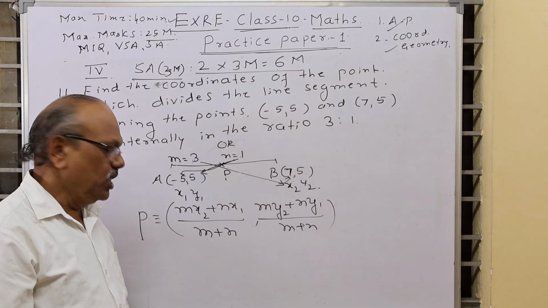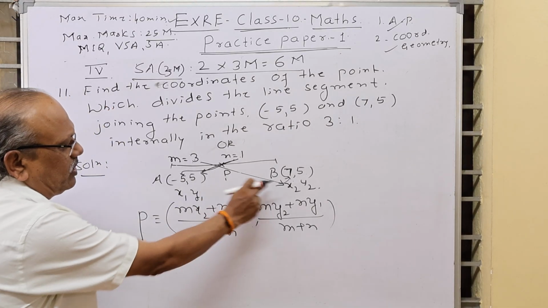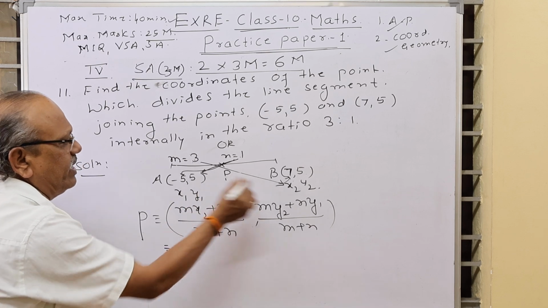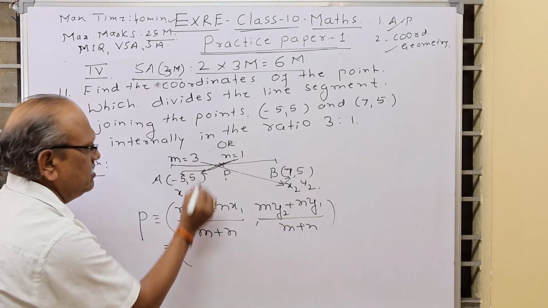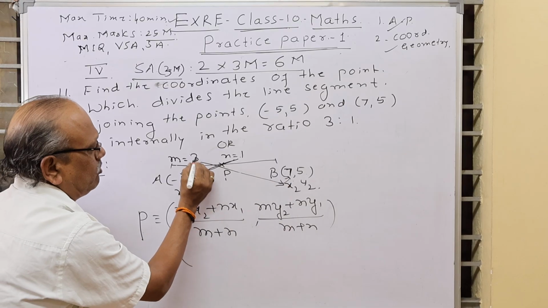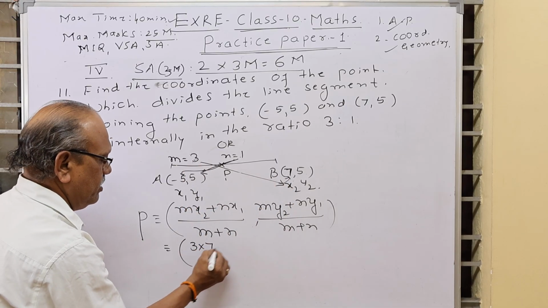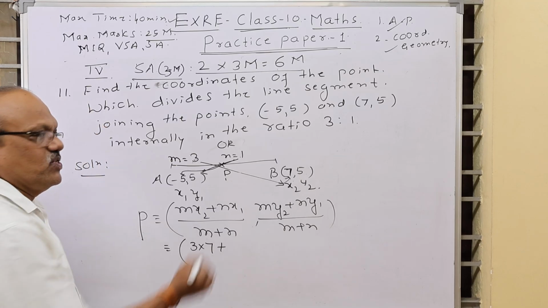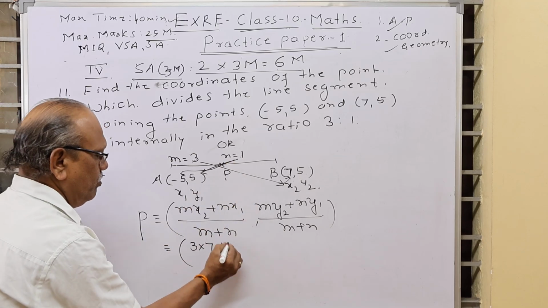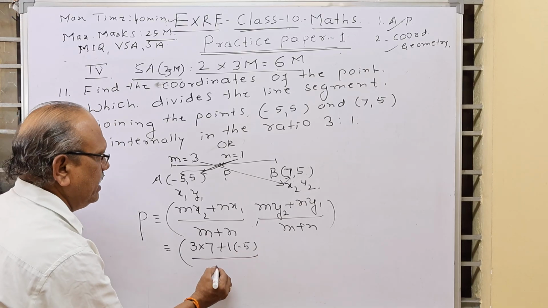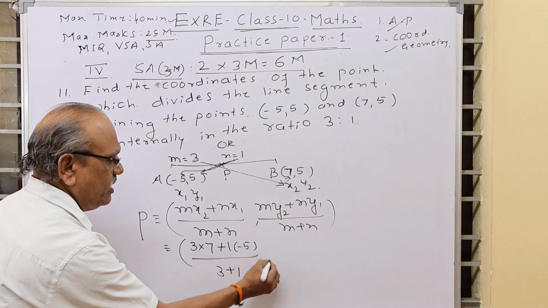Now go on substituting. This technique will help you. With good practice you can write it: m x2 is 3 into 7, plus n x1 is 1 into -5, divided by m plus n, which is 3 plus 1.